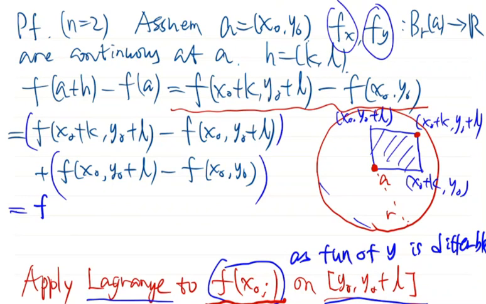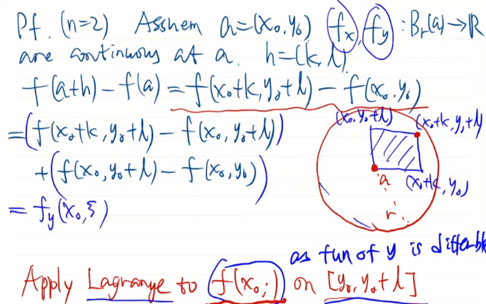So there is a c such that the right hand side is the partial derivative of f with respect to y at x0, c.